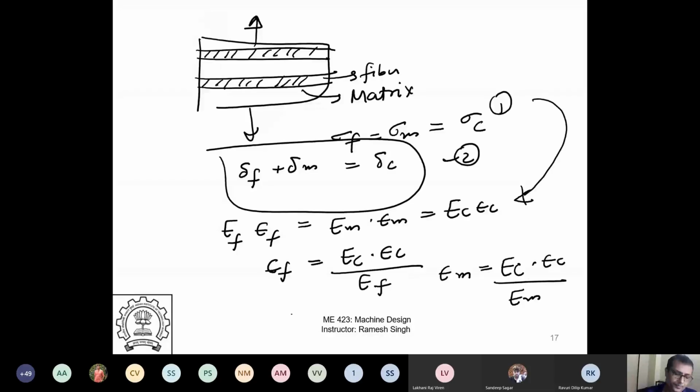So basically epsilon F is equal to EC epsilon C by EF, and epsilon M is equal to EC times epsilon C by EM.